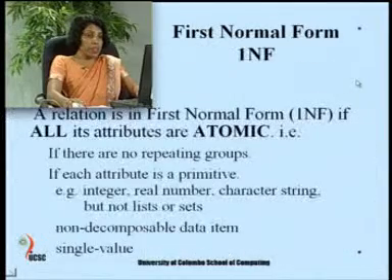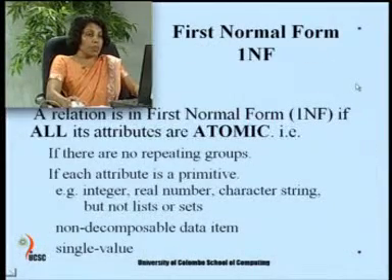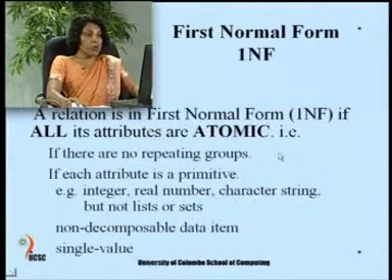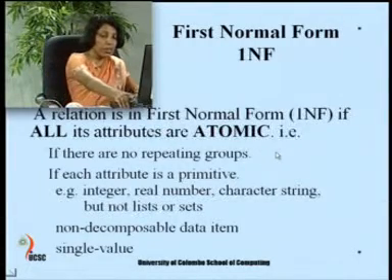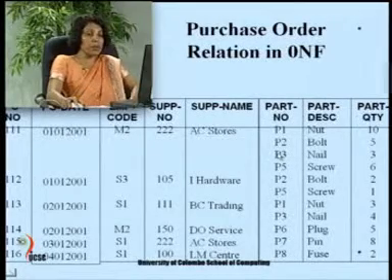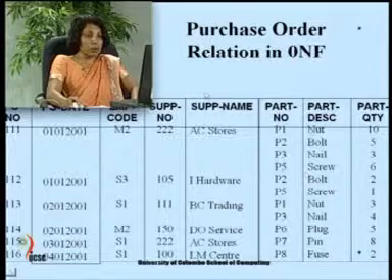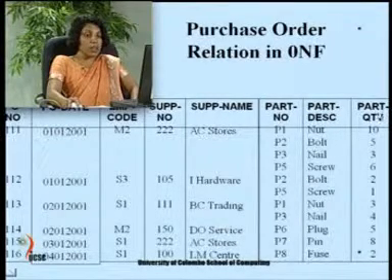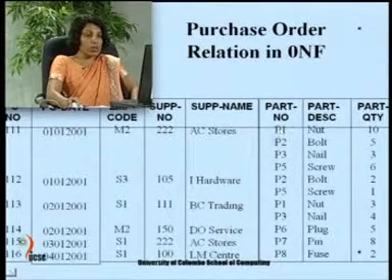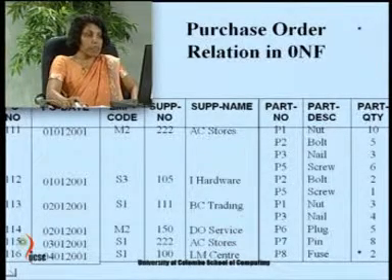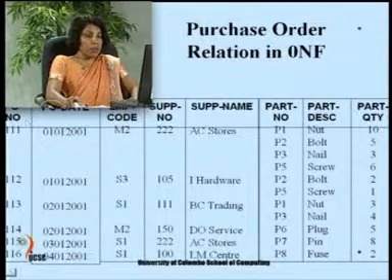Why do we say that? Now, we say that a relation is in its first normal form if all attributes are atomic. So, here in this example you can see that these attributes are not atomic: the part number, part description, part quantity, because there can be so many parts for a particular purchase order number.